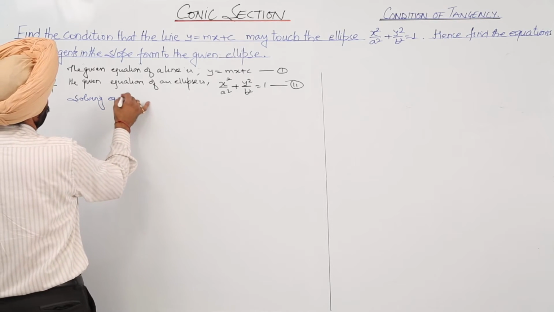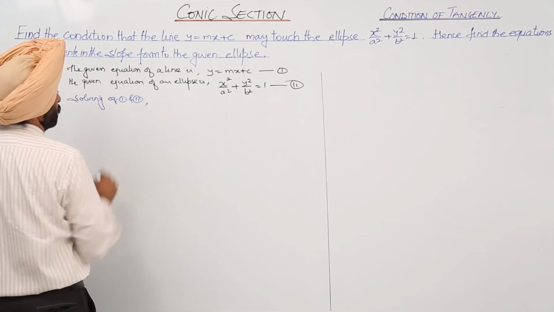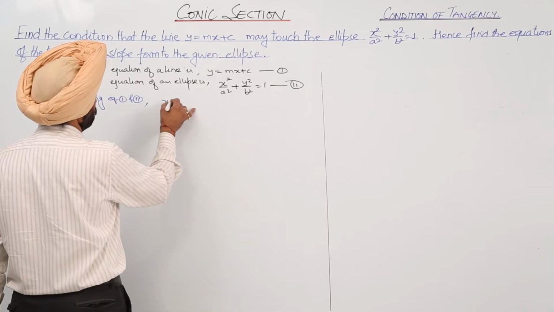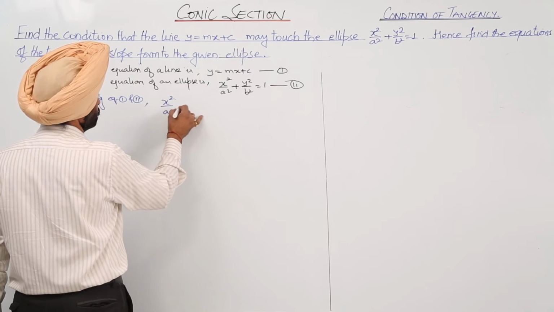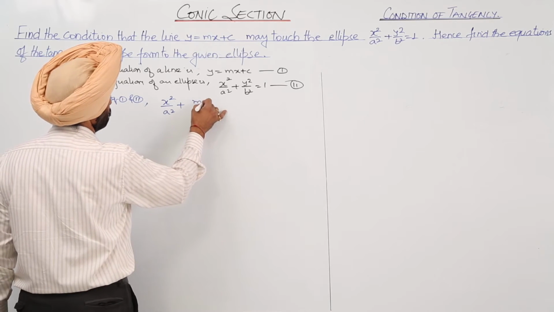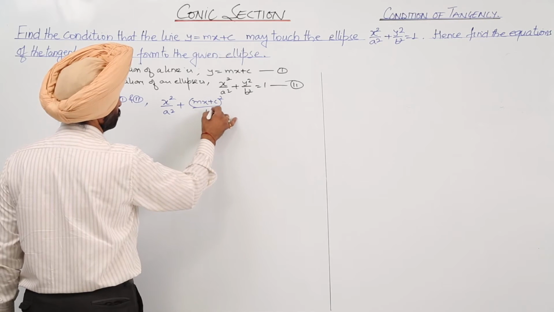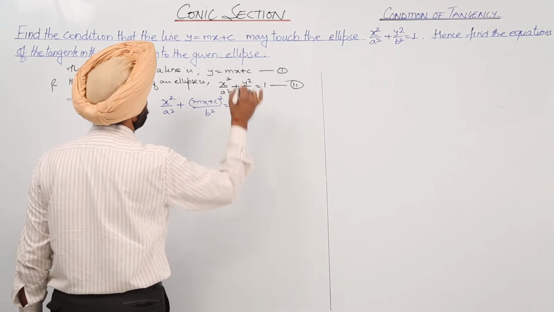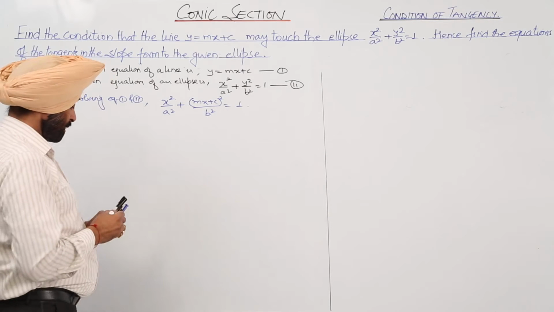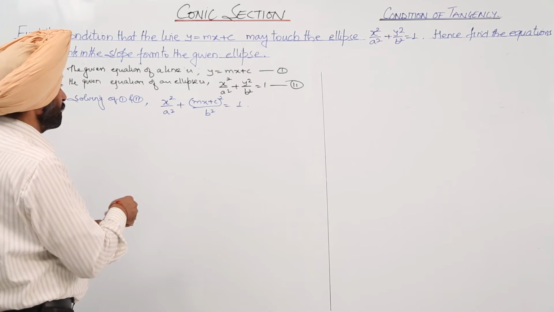Now, solving equation 1 and 2, what we are getting: x square upon a square plus (mx plus c) whole square upon b square is equal to 1. Now let us solve this part.